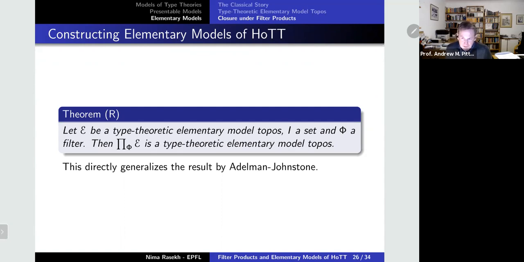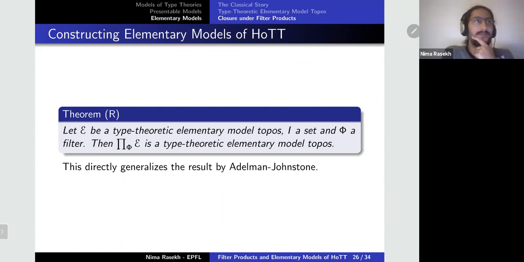And indeed, that's the typical way of presenting a surjective geometric morphism from the original topos. It's always presentable as the coalgebras for a left exact comonad. So there's an obvious question for you: can your main theorem be generalized if I start with a left exact comonad on my type-theoretic elementary model topos? Is there a similar structure on the category of coalgebras? That would subsume your main result as an even more general result.